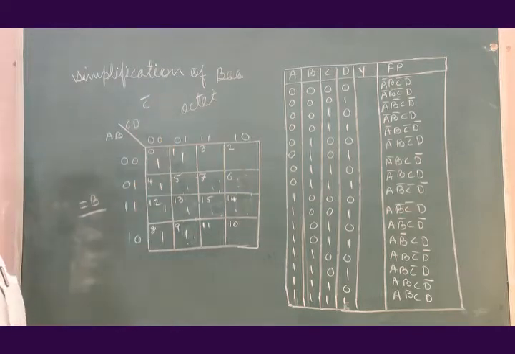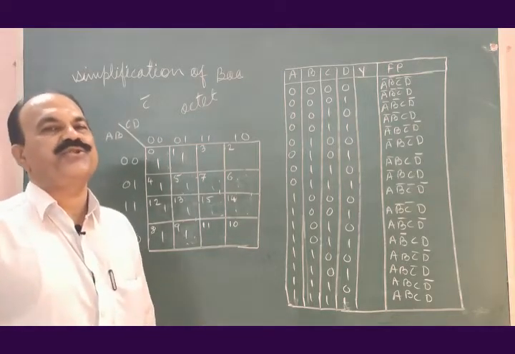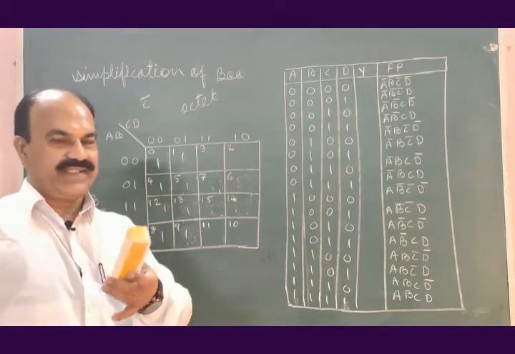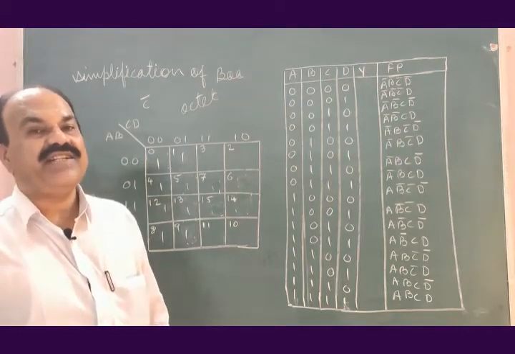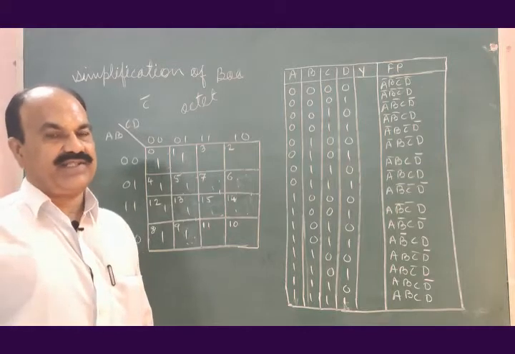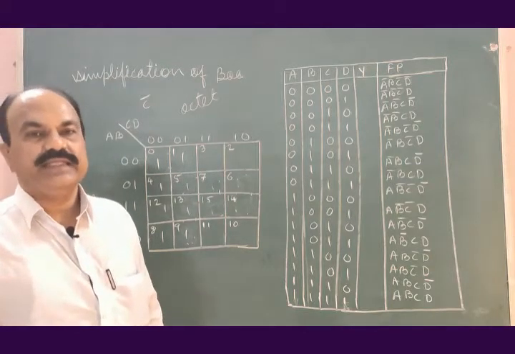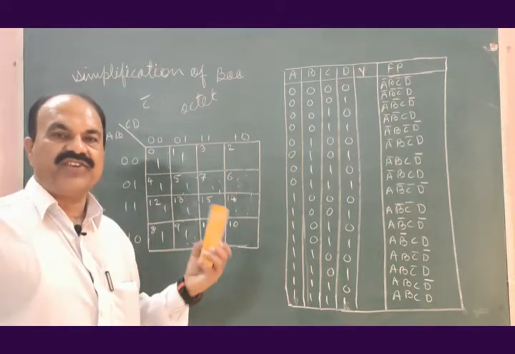And therefore it is very advantageous to first search for an octet, because it deletes 3 variables and their complements, and it gives the simplest possible form of the Boolean equation.